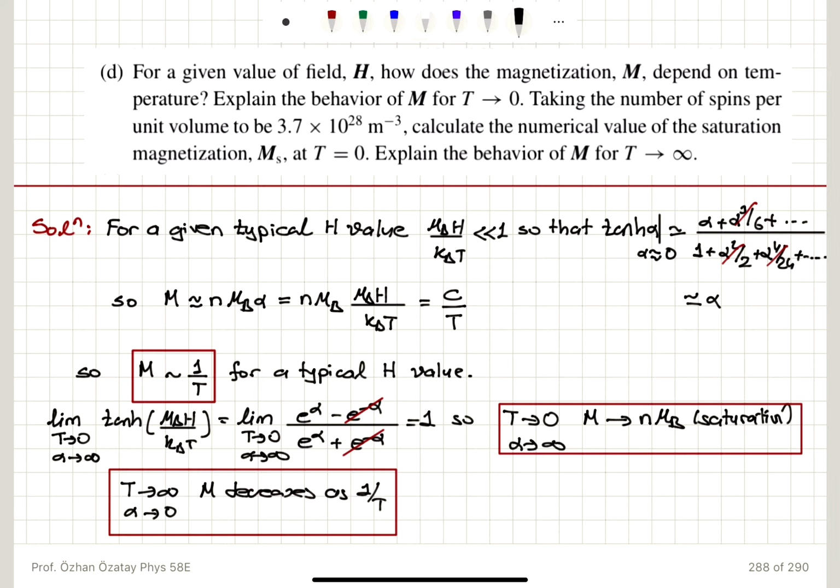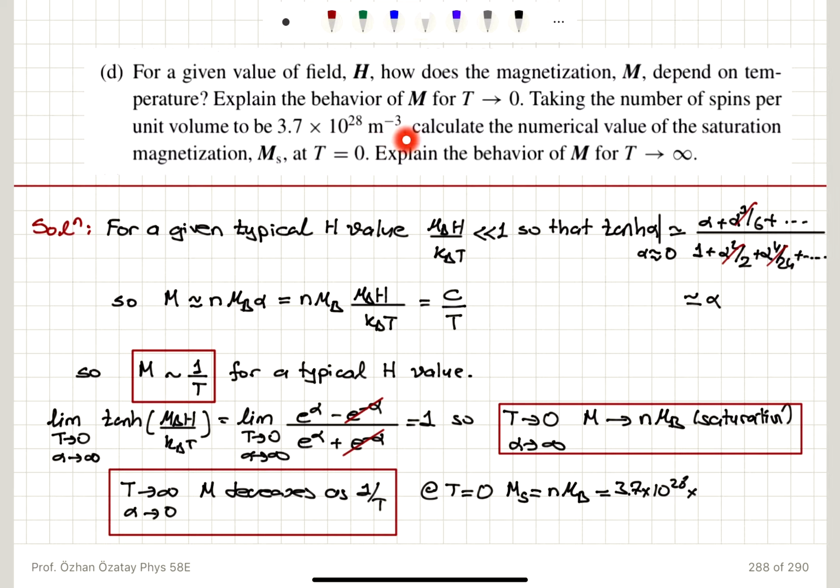Now we want to find a numerical value of M_s at T equals 0 for a given value of number of spins per volume. At T equal to 0, we have found that we have saturation magnetization, which is the spin density n times Bohr magnetons. So the spin density, number density, is 3.7 times 10 to the 28.